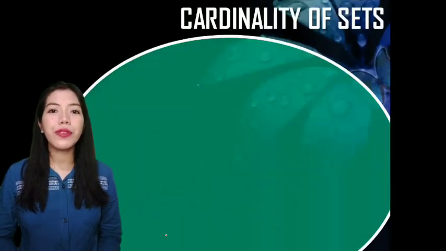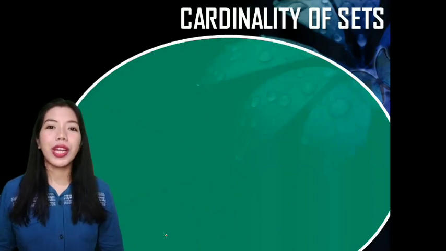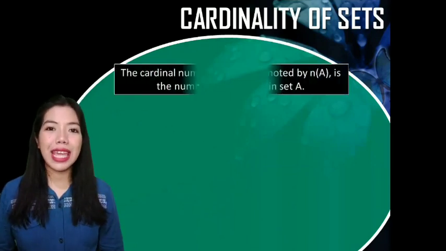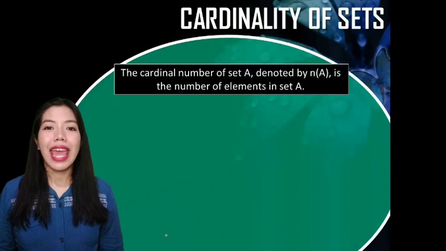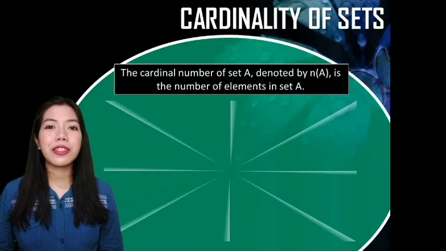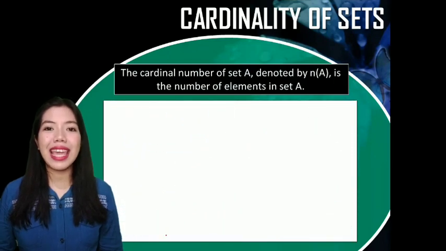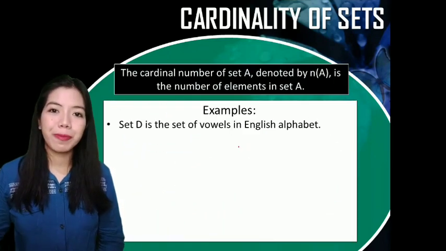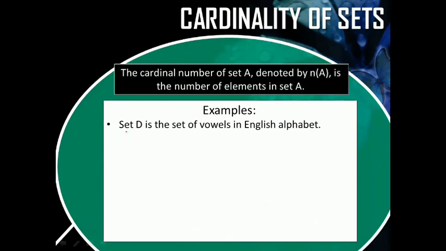Then, we also have the cardinality of sets. The cardinal number of set A, denoted by n(A), is the number of elements in set A. For example, set B is the set of vowels in the English alphabet.